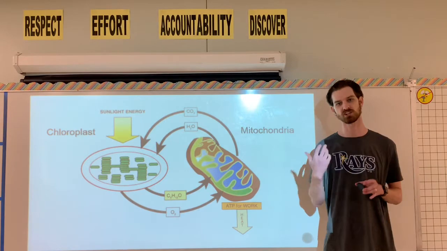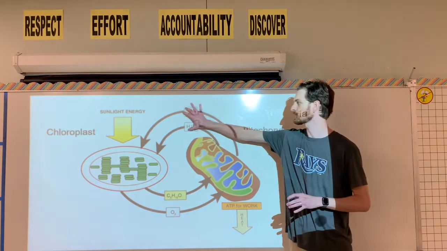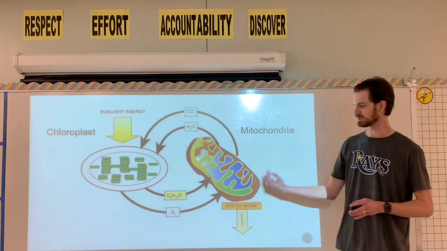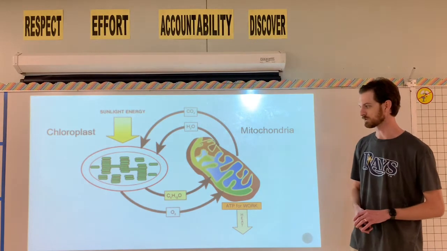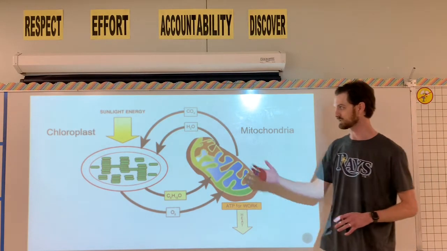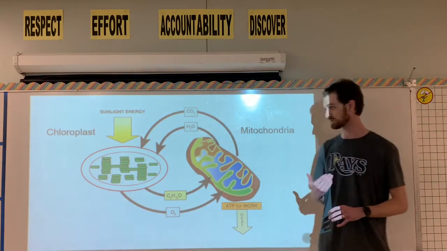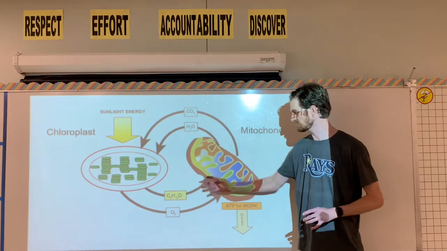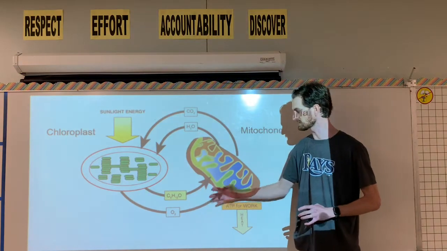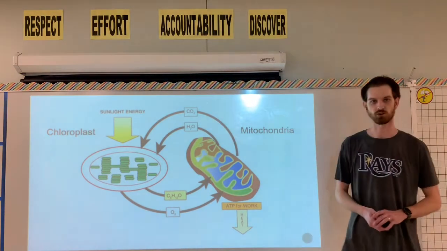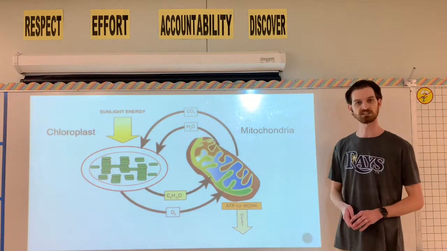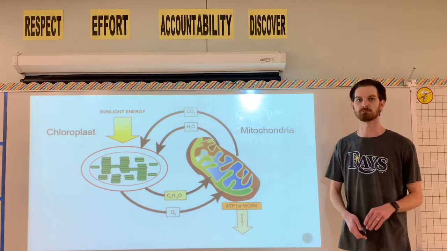So plants are self-sustaining in that. As long as they get carbon dioxide and water from the environment, they're able to keep the cycle going forever and ever. Animals need to take in sugars through eating, and we need to inhale our oxygen in order to have these components, and as a process of breaking these things down, we produce our carbon dioxide and our water, which plants will then happily take and use to grow bigger in mass.